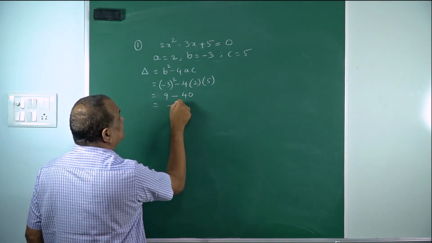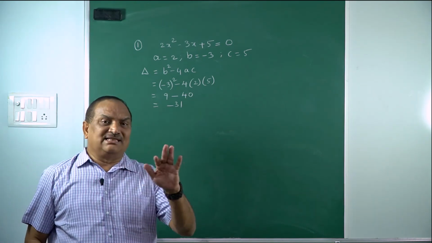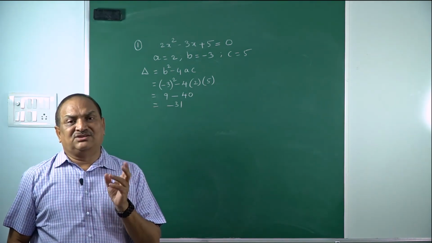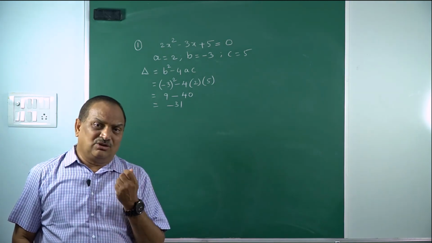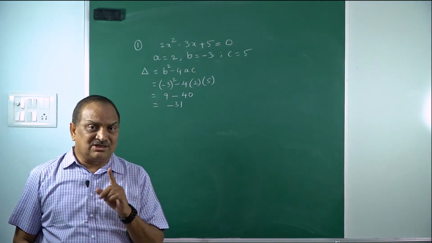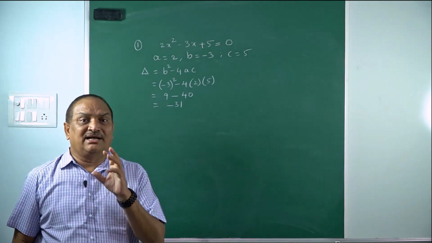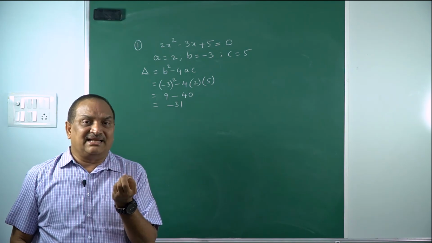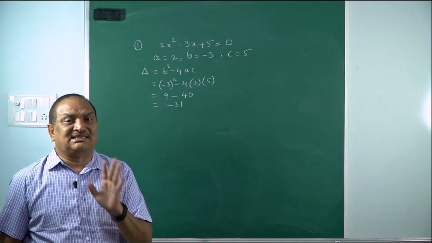As a result, I got something which is negative, a negative integer. And this is going to decide the nature of the roots. As we learnt, if delta is negative, there are two roots, there is no doubt about it, distinct roots. But make sure to identify that they are complex roots, because under the root you are getting a negative number, that's imaginary. There is some real part, there is some imaginary part, therefore the numbers are complex in nature.